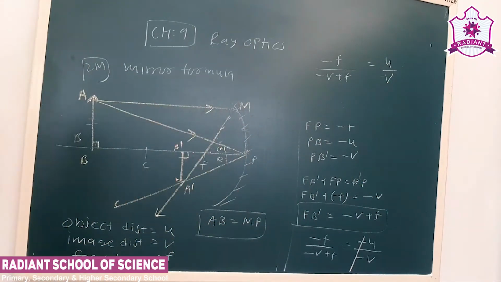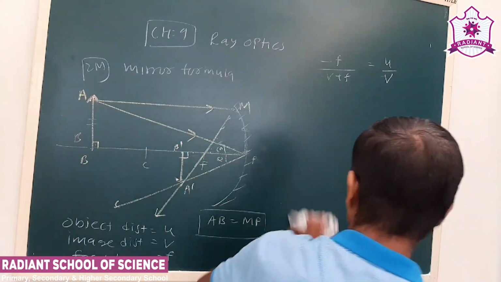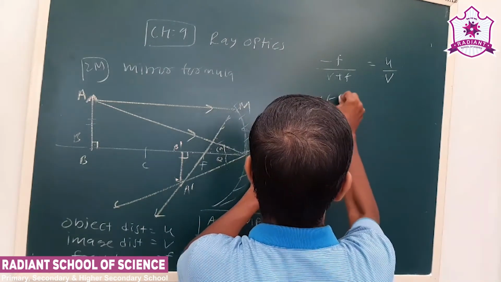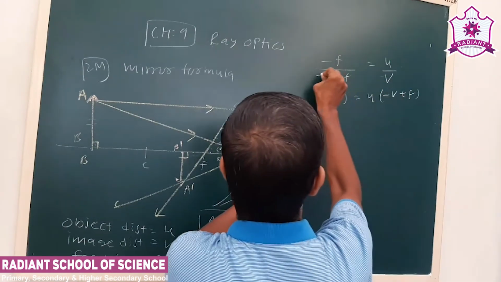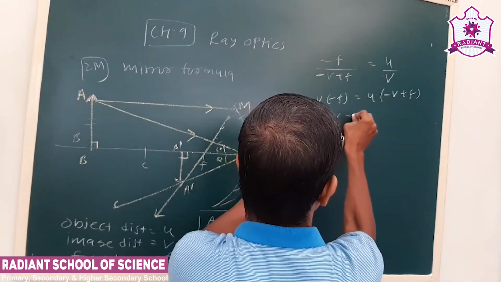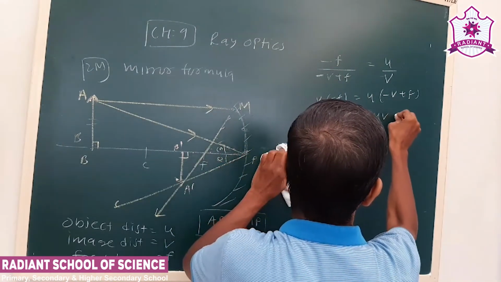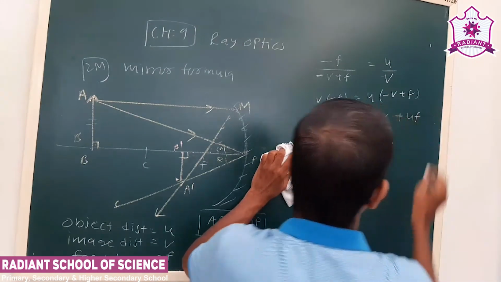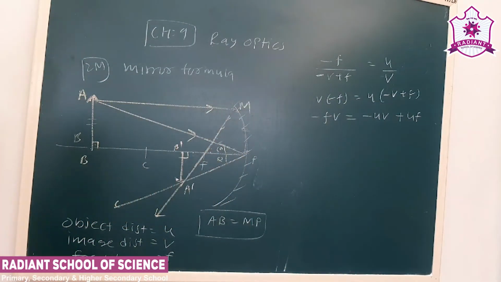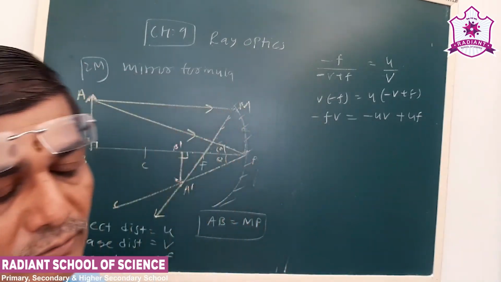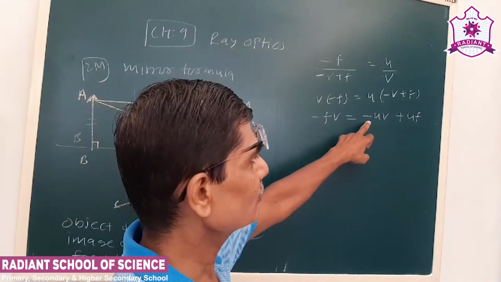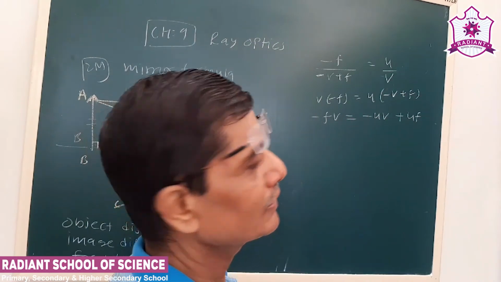Now we have to simplify. V into minus F equals U into minus V plus F, so minus FV equals minus UV plus UF. Now this negative term I take on the right hand side, so it will become plus, and this minus UV if I take on the left hand side, that also will be plus.